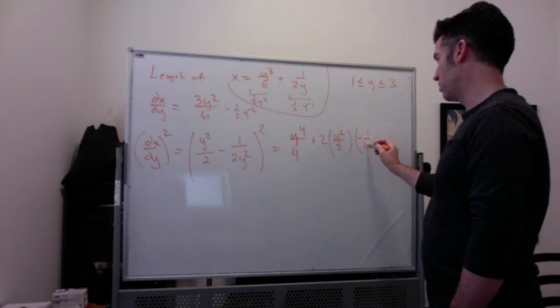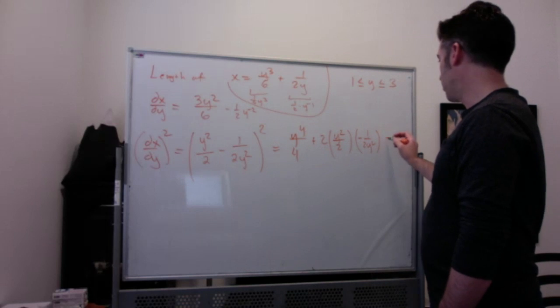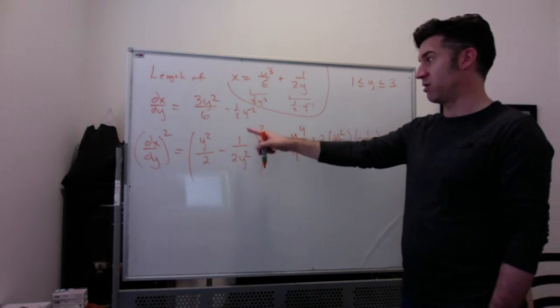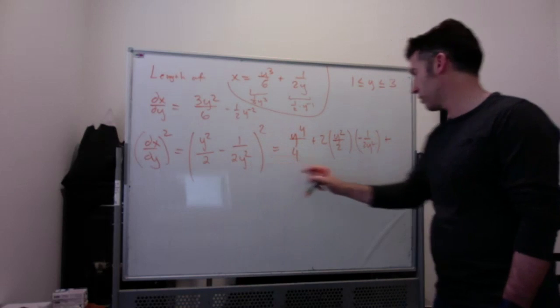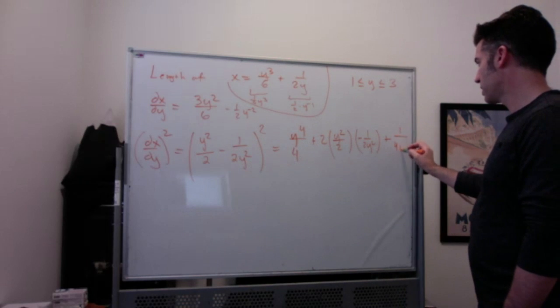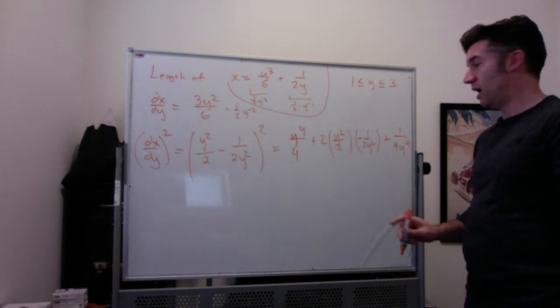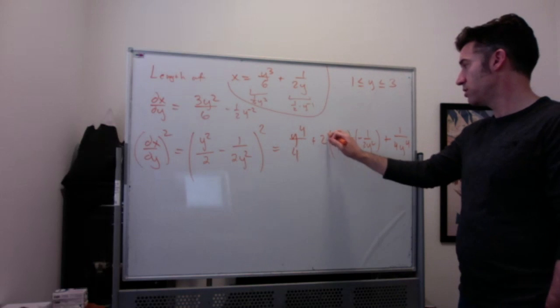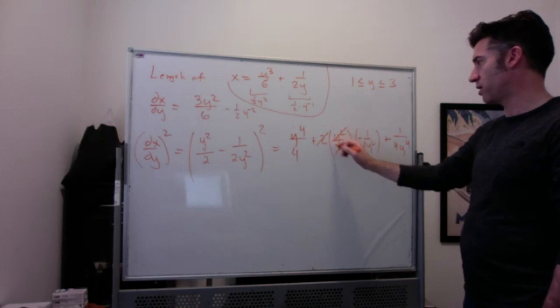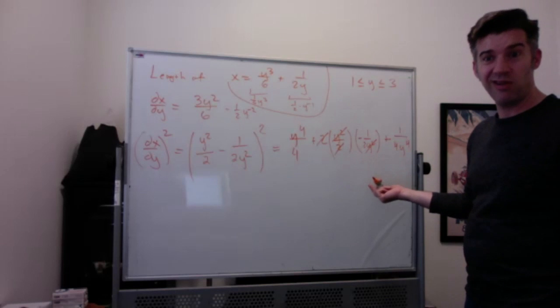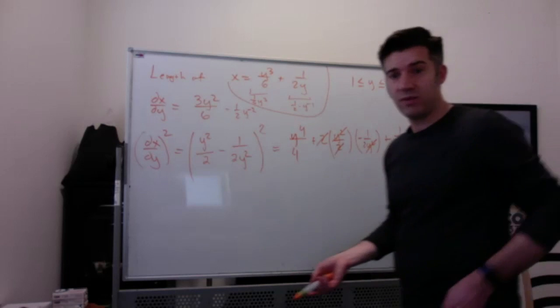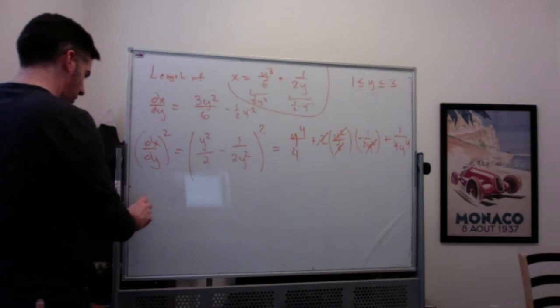The negative is certainly important there. Plus the second term squared, which is going to be 1 over 4y to the 4th. And yes, it is plus. And then notice this middle term, the y squared and the y squared cancel, you get negative 1/2. So then we try and write the arc length formula.